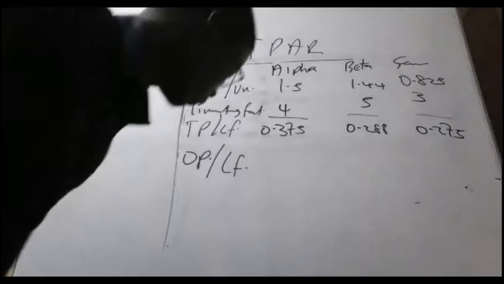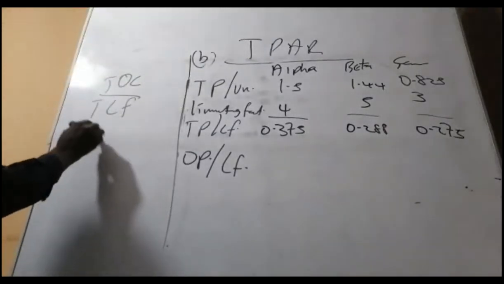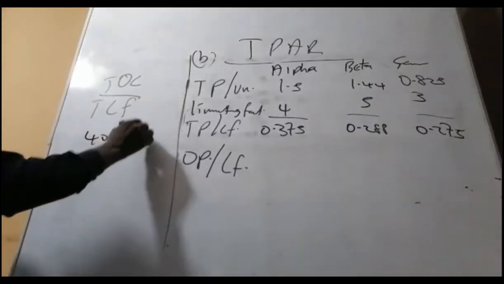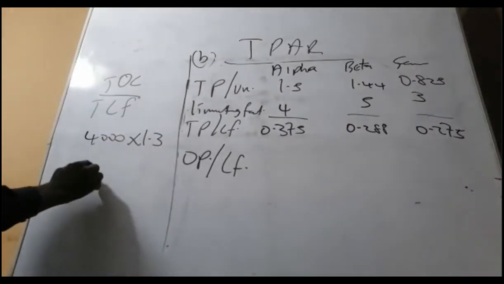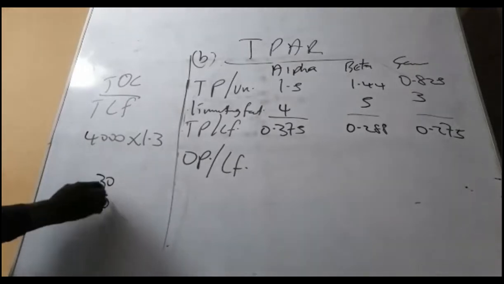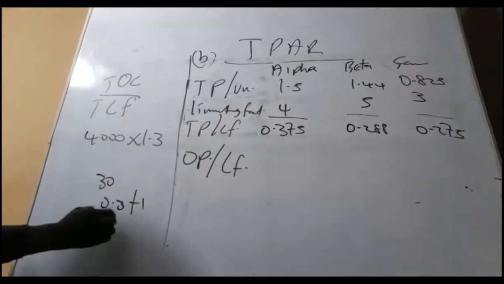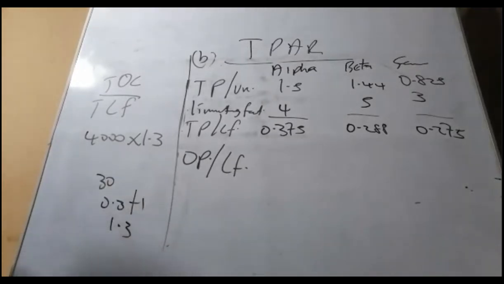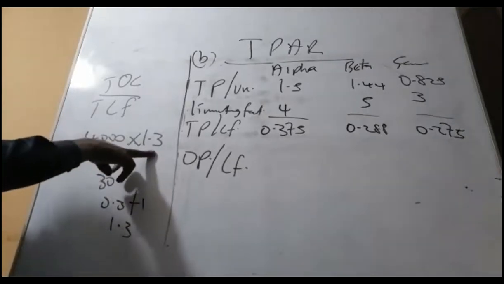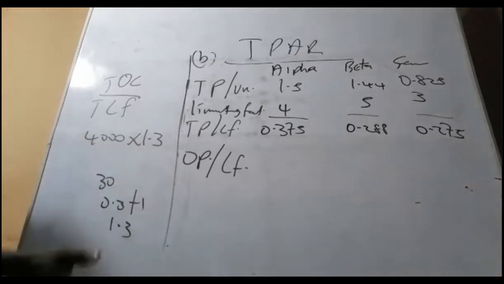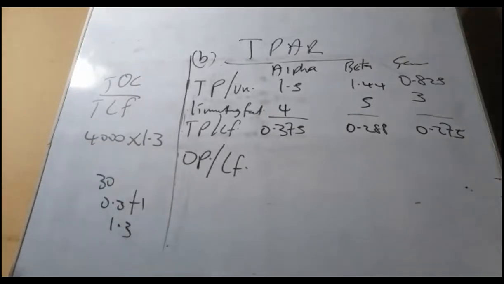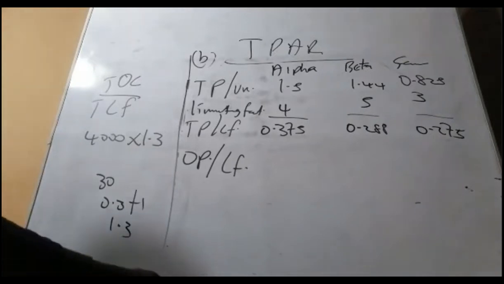Just multiply 4,000 by 1.3, that is the meaning of increase by 30%: 0.3 added to 1 makes 1.3. Or you can also multiply 4,000 by 30%, which gives you 1,200. Whatever you get, you add it back, which gives 5,200. Okay, I want to do everything straightforward.